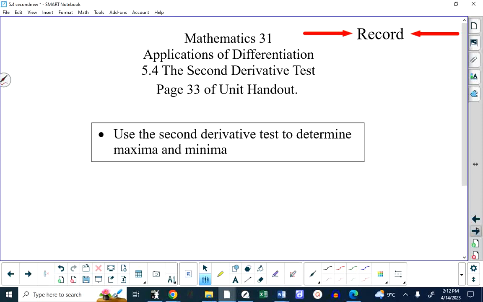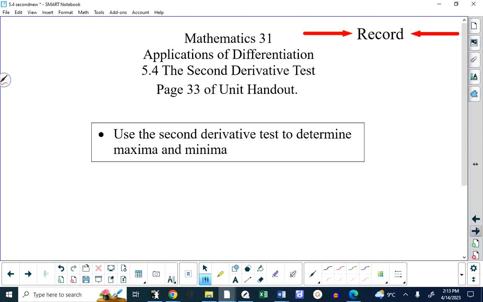So it is not about concavity. It is and it isn't. It includes concavity, but we're using it to determine maxima and minima. And like I said, it's a very quick lesson. There's not much to it, but then we're going to have a variety of different examples that you can try where you may choose to use the second derivative test, or you may choose to use the first derivative and the first derivative chart.